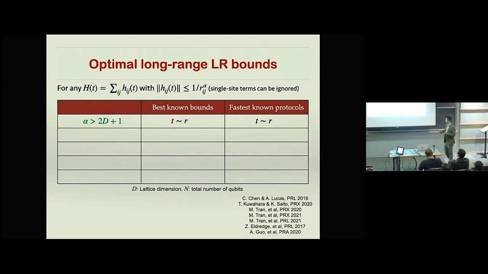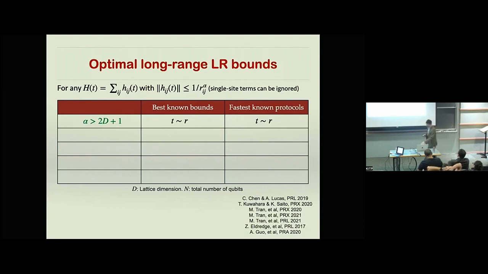And this is very intuitive, because at least for a nearest neighbor interacting system, you have to do R sequential swaps to do a state transfer over a distance R. And of course, it's interesting that even for these long-range interacting systems, this is still the case.